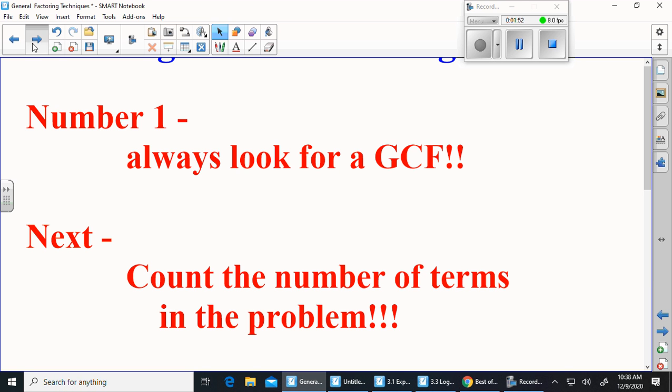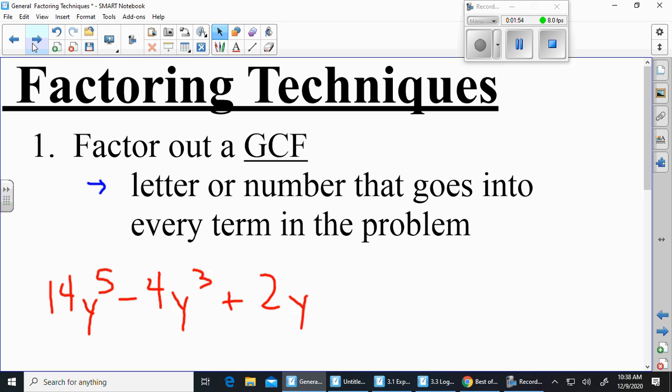So all I'm going to do today is just review the 3 things we've done. So greatest common factor, a letter or number that goes into every term in the problem. Now, with a number, you find the biggest number that goes into all those numbers.